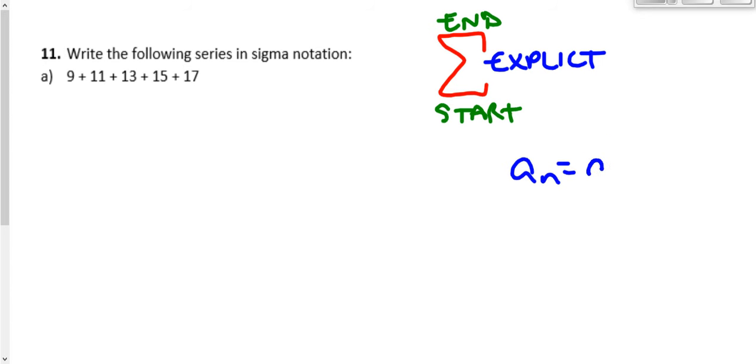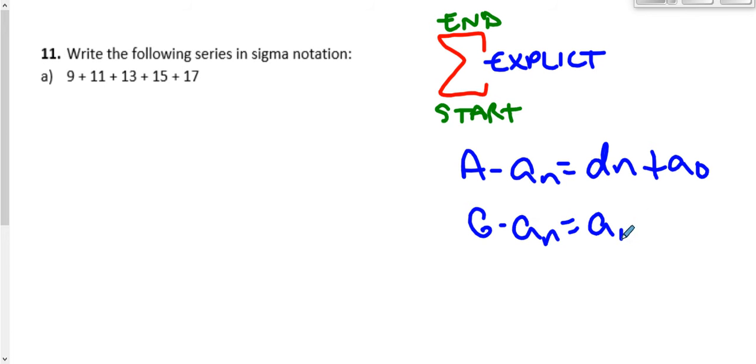Remember, this is the formula you have to memorize, dn plus a sub 0. If it's geometric, we have to write it in geometric form, which is a sub n equals the first term times r to the n minus 1 power. So let's take a look at what's going on here so I can figure out which explicit form I'm going to use.